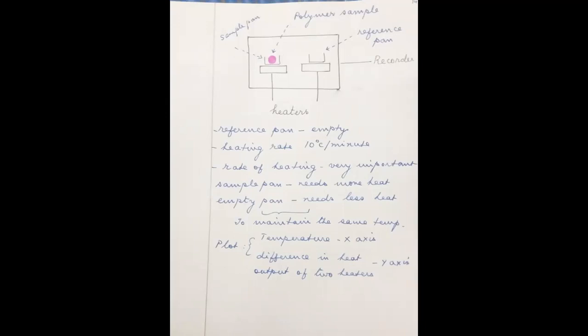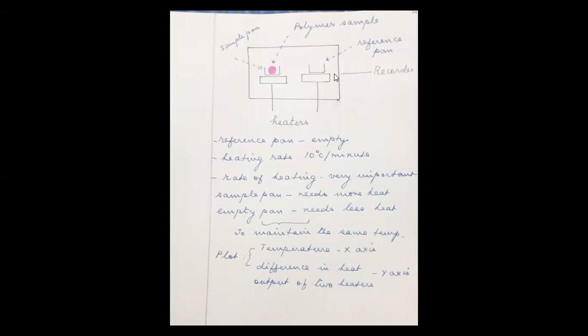The sample pan will need more heat energy to raise the temperature, whereas the empty pan needs less heat energy to raise its temperature. But you are going to maintain the temperature difference at zero. So the rate at which the heating is done is very important.